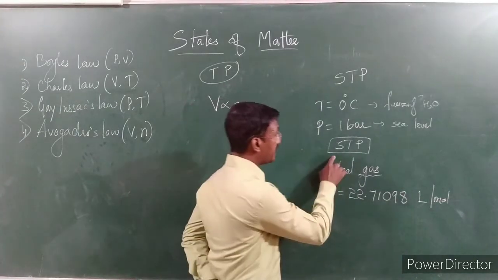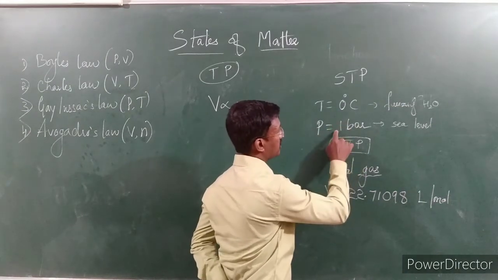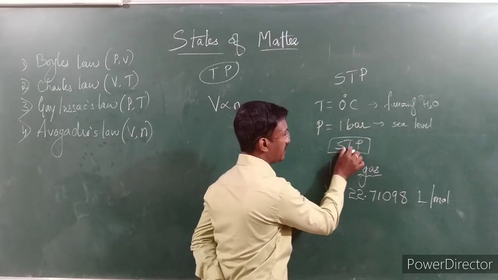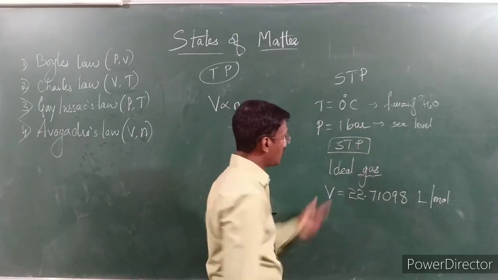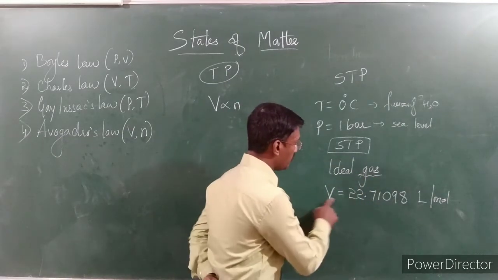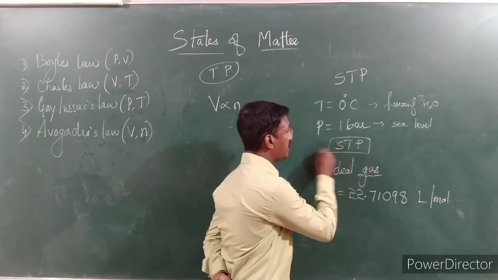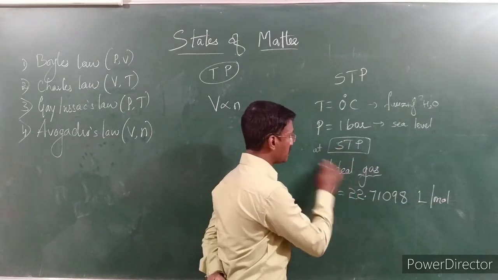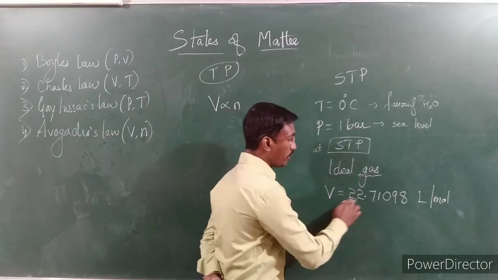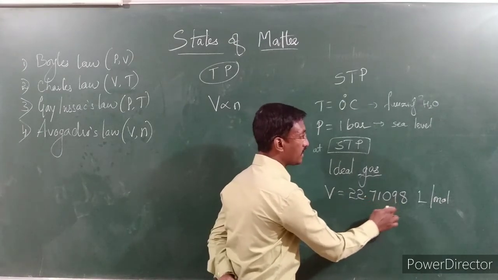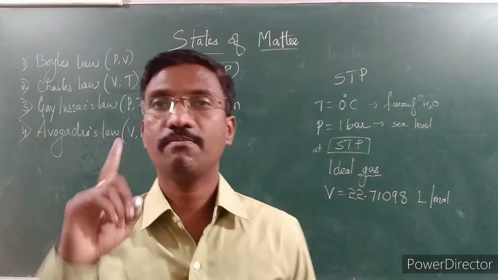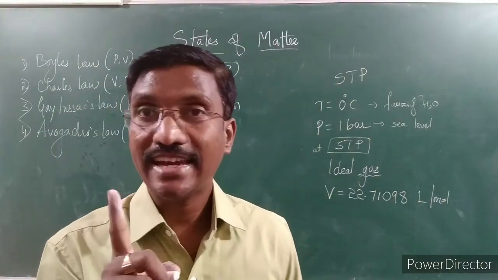When the temperature and pressure are standard, ideal gases have a volume of 22.71098 liters per mole. You have to remember this volume. This is important, the volume of the ideal gases.